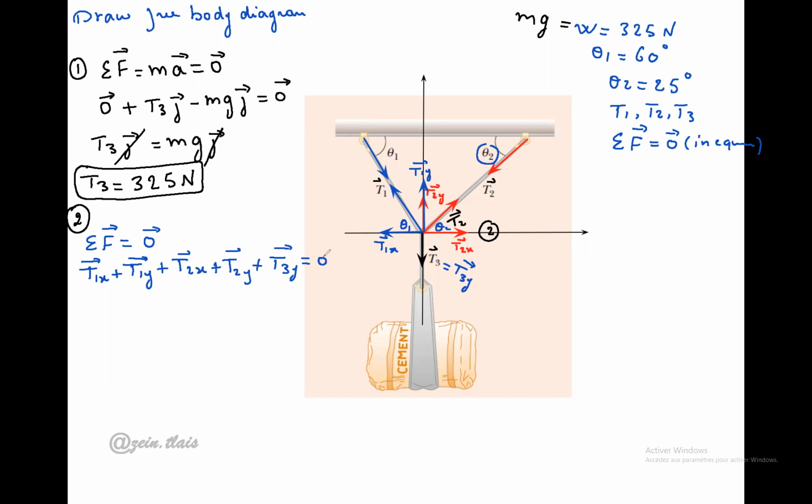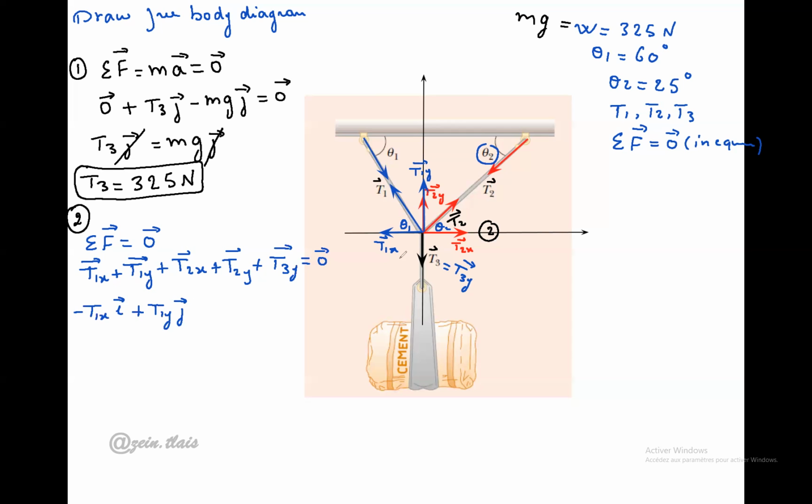Equal to 0. Now I write it in function of i and j. T1x is in the negative direction, so we write minus T1x i. T1y is up, so T1y j.